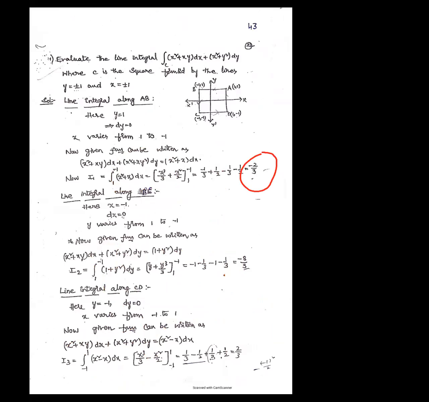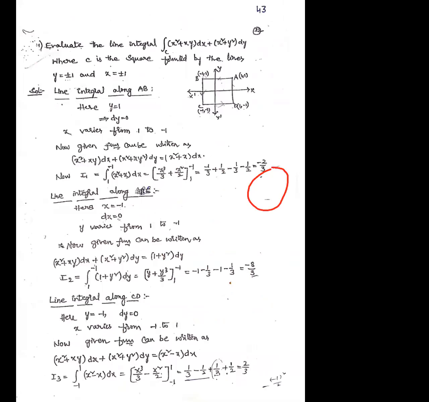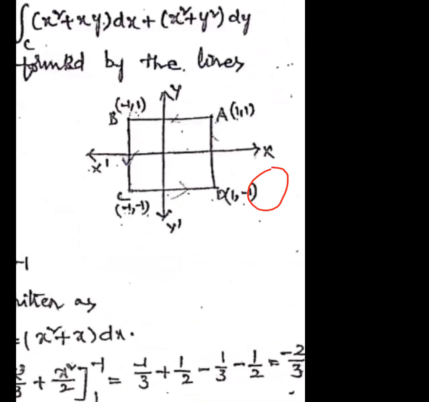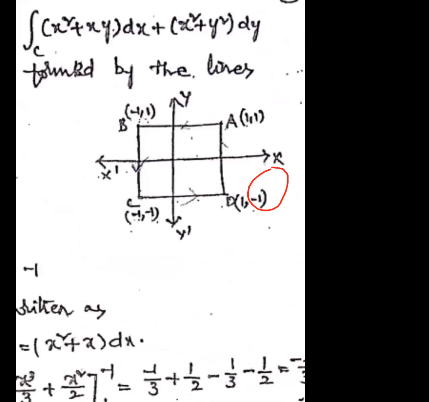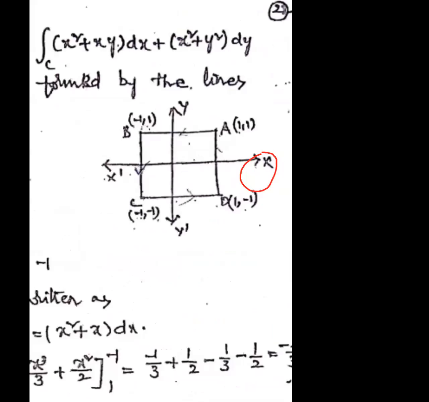Next, we similarly calculate the line integral of BC. Now we are observing the line integral BC. Observe that the point B is minus 1 comma 1 and the point C is minus 1 comma minus 1.